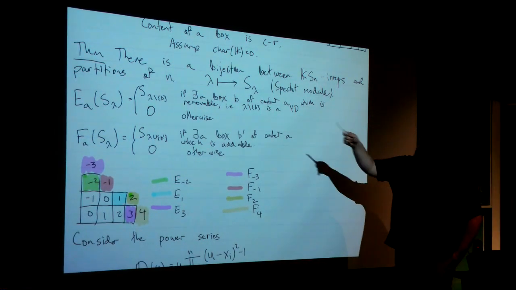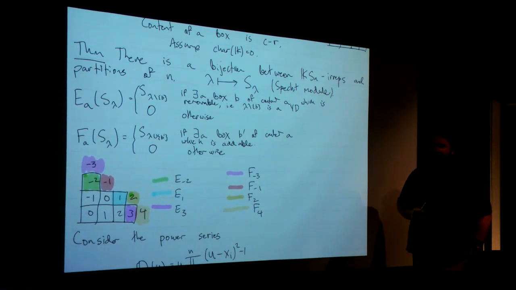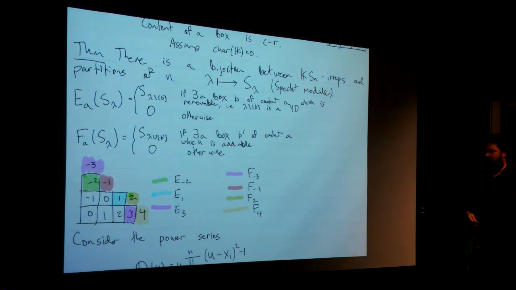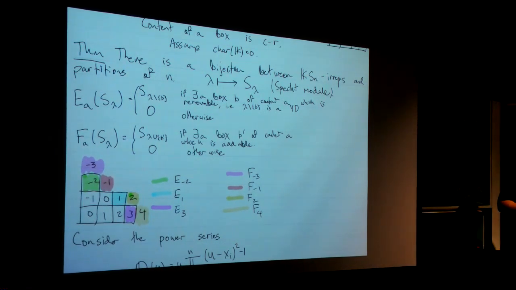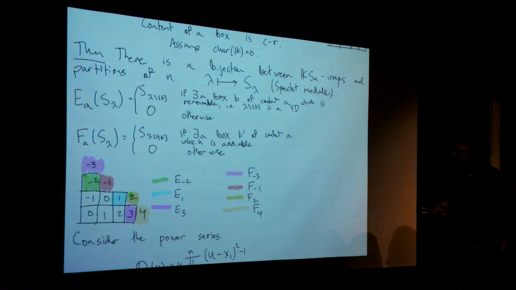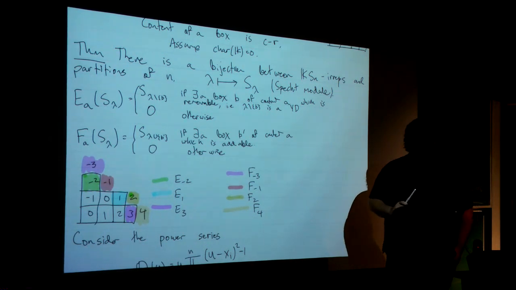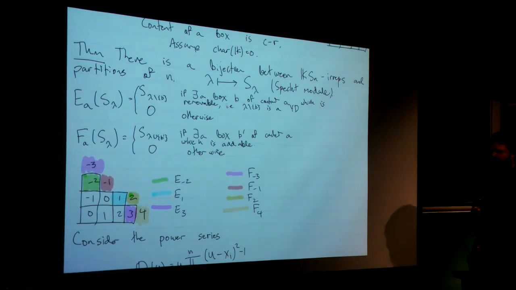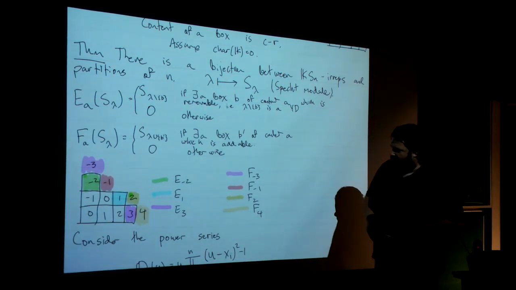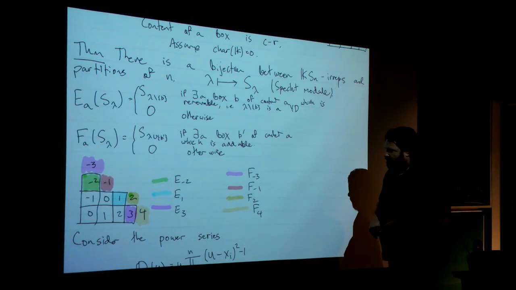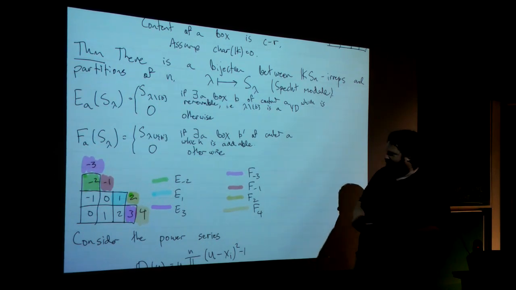The rule is E_A tries to remove a box of content A. F_A tries to add a box of content A. If you can successfully do that, then E_A or F_A sends a Specht module to the resulting Specht module. If you can't do that, you get 0. So for example, here I tried to illustrate this with the partition 4, 3, 1. Hopefully the colors come out okay.